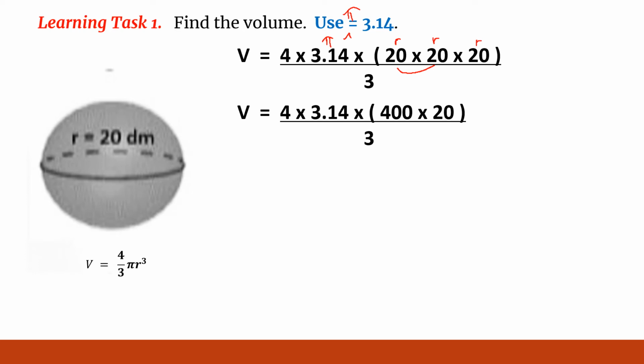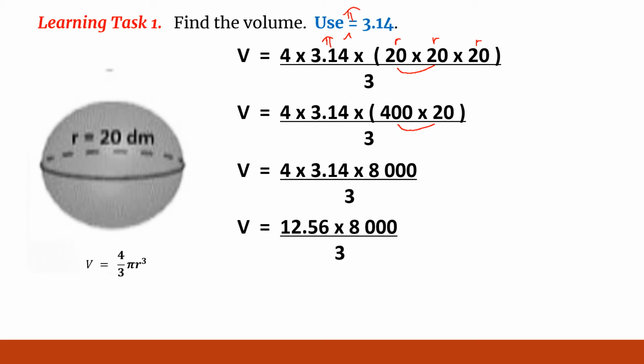Now, since wala tayong pwedeng i-cancel by 3, let us continue multiplying our numerator. So it's 4 times 3.14, kinopya lang ulit, and then times 8,000. 8,000 here is from 400 times 20. Then all over 3. Continue.